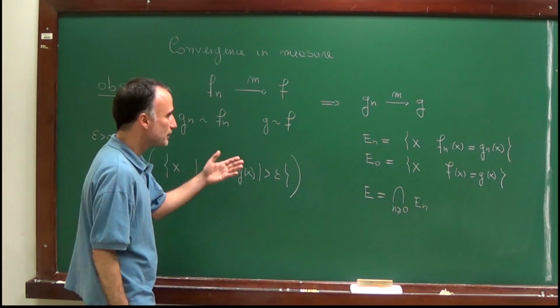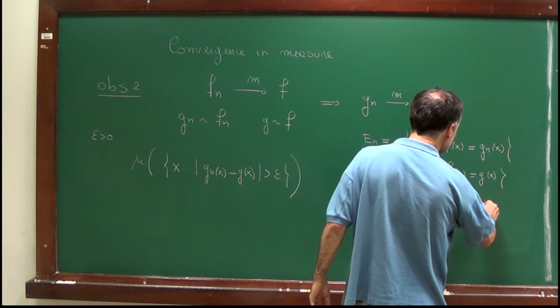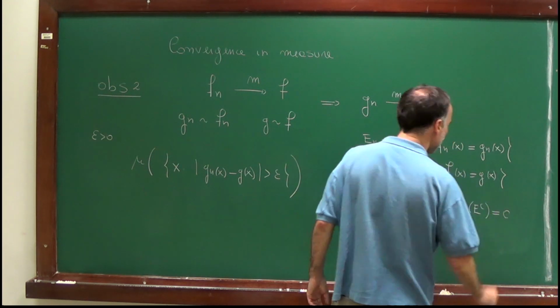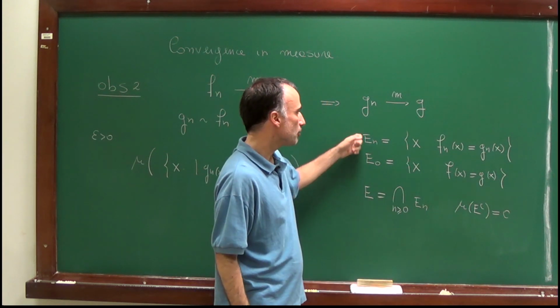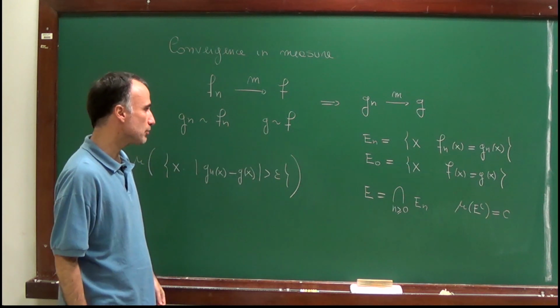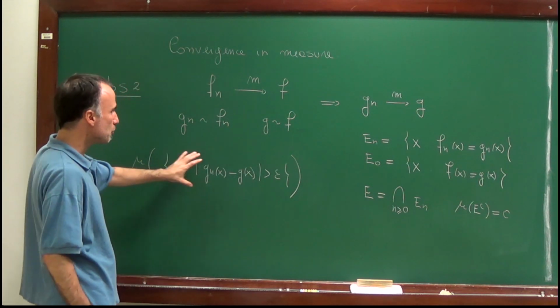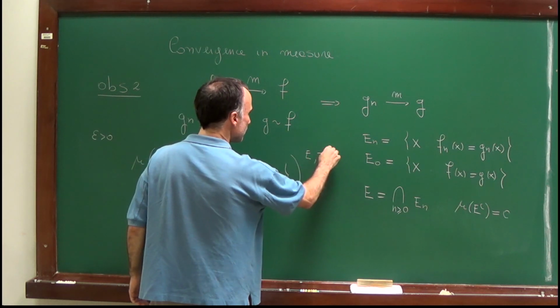So what I know is that the measure of E complement is equal to 0, right? Because E complement is the union of the complements, and the complements of these sets have measure 0 because they are all almost surely equal. Now we can decompose this set according to E and E complement.